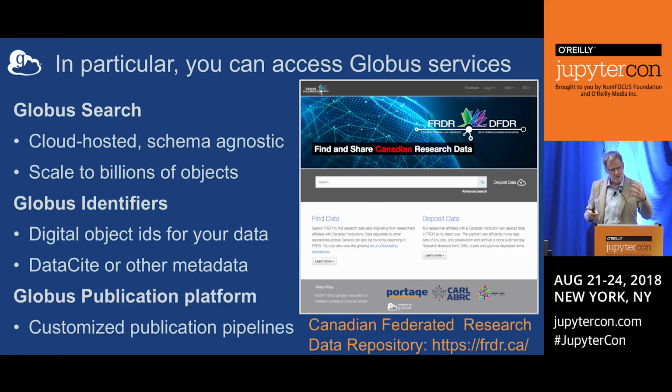Globus Identifiers lets you assign identities to your data and then track where the data is and retrieve various metadata for it. And what we call the Globus Publication Platform lets us define publication pipelines for data that you may be creating in your work.